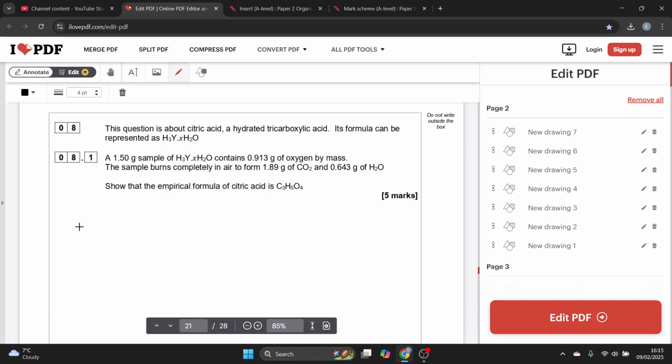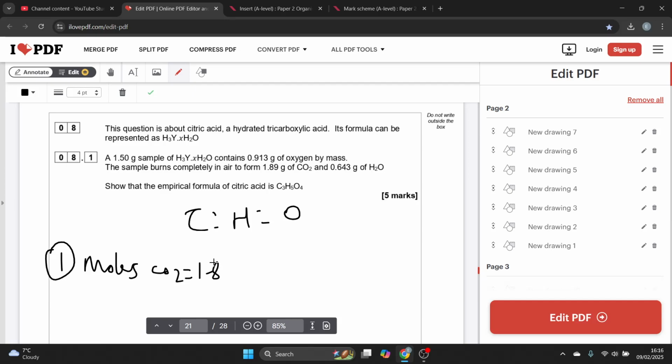So I would just again do what we normally do. CHO, find out the moles, right? The first thing I need to do is find out the moles of CO2. The CO2, which is mass 1.89 over the Mr of CO2, which is 32 plus 12, 44.